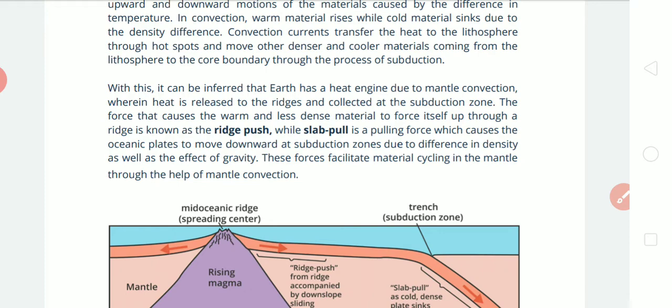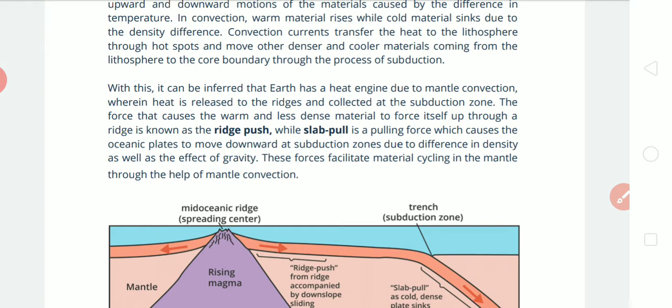Kasi nga thinking that these materials have warm temperature and they are less dense, so that means mas mupataas jud siya compared sa mga colder and denser materials. On the other hand, slab pull is a pulling force.